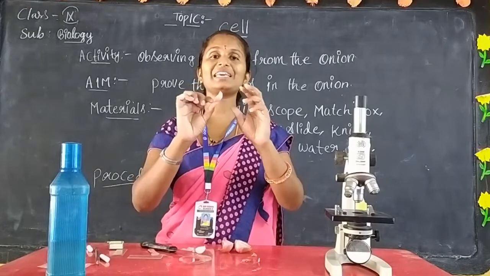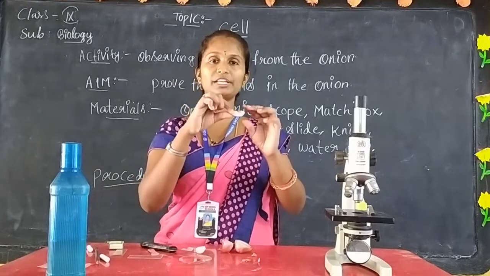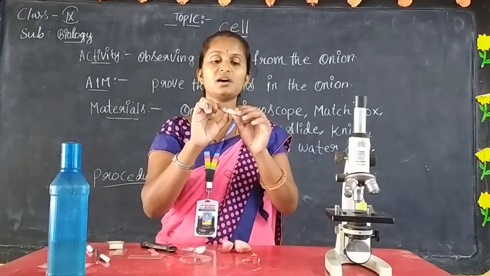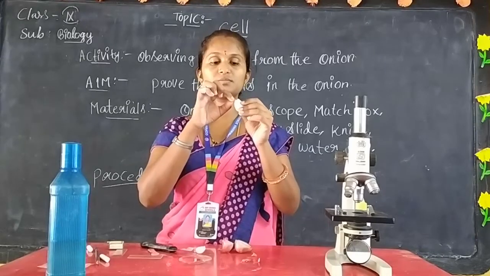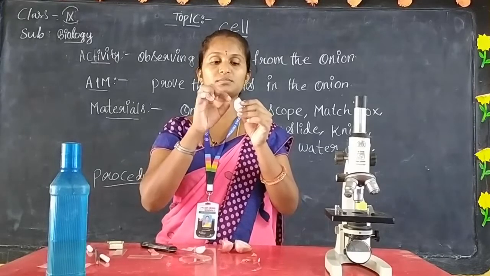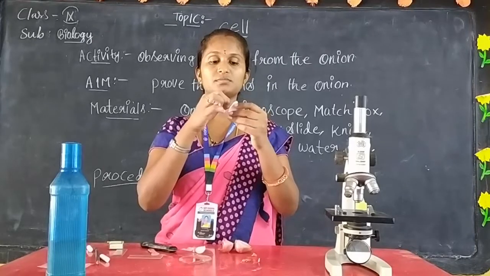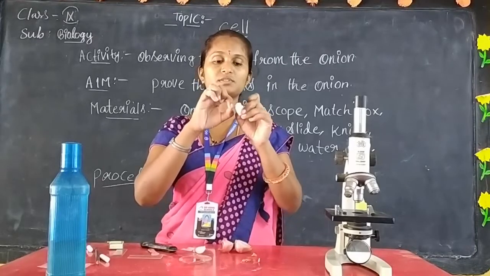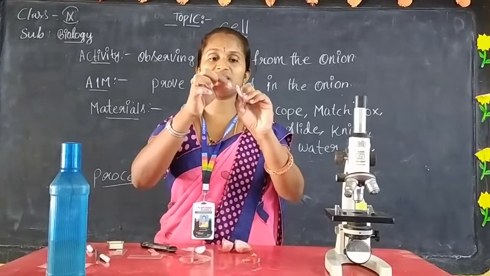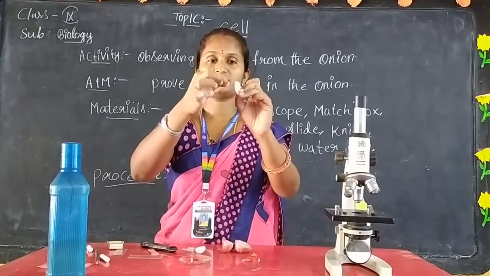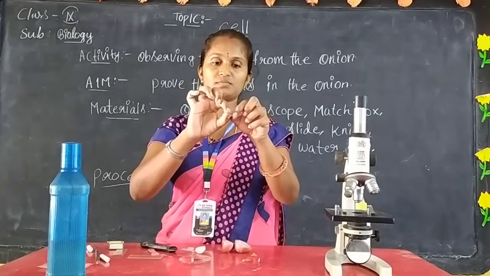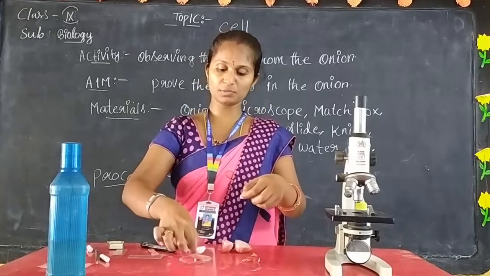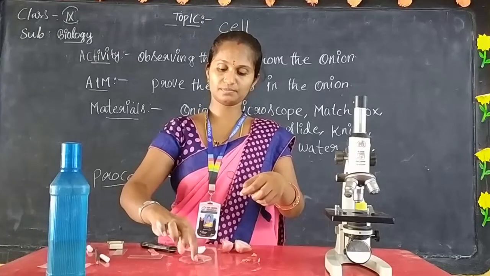Now I want to take a thin layer from this onion piece. How will I remove it? This is the thin layer. This thin layer I am going to keep in water.